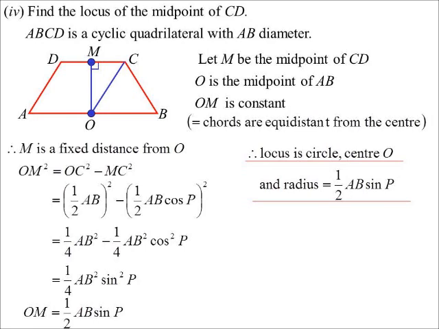If it's below AB, what's going to happen? The angle P will now become 180 minus P. So cosine of 180 minus P would just be the negative of the cosine of P. So as far as magnitude goes, the length would still be the same size. So it doesn't matter, therefore, whether CD is above or below. The length of the chord will be the same.